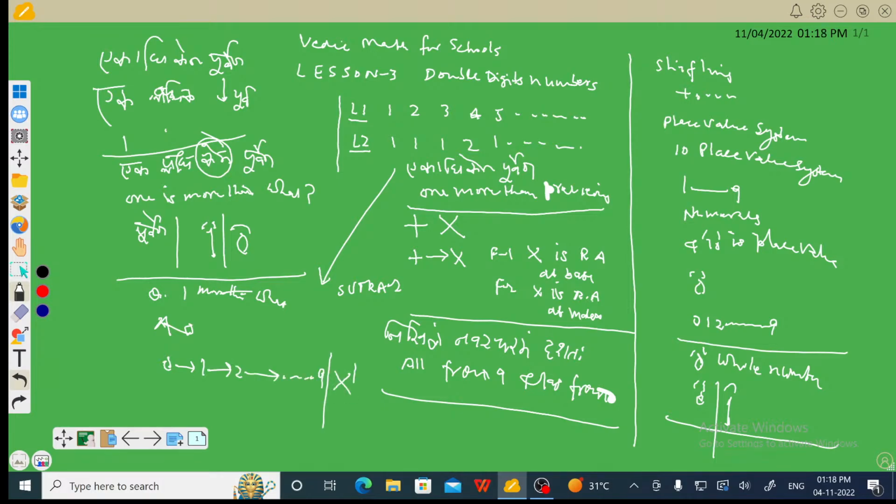However, we see that if we avail a place value system, this number becomes a double digit number.